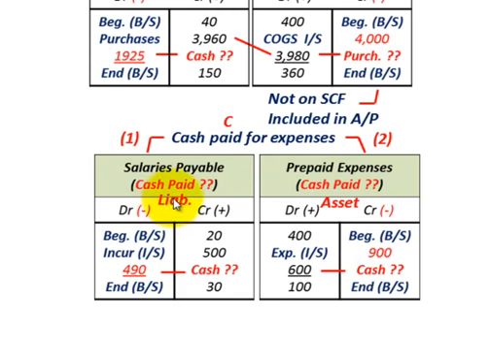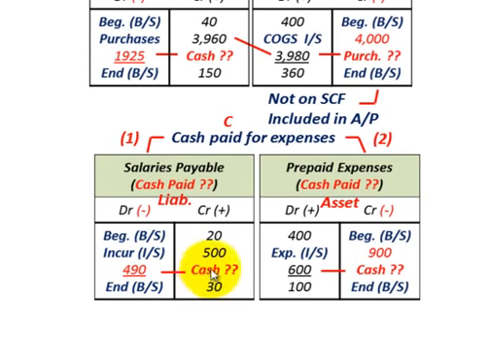So starting with our liability account for salaries payable, for example, we start out with our beginning balance on the balance sheet. We have to know what that is. Say it was 20,000. Then we have to know what we incurred, which goes to our income statement. Say it was 500,000. Then we have our ending balance off the balance sheet of 30,000.